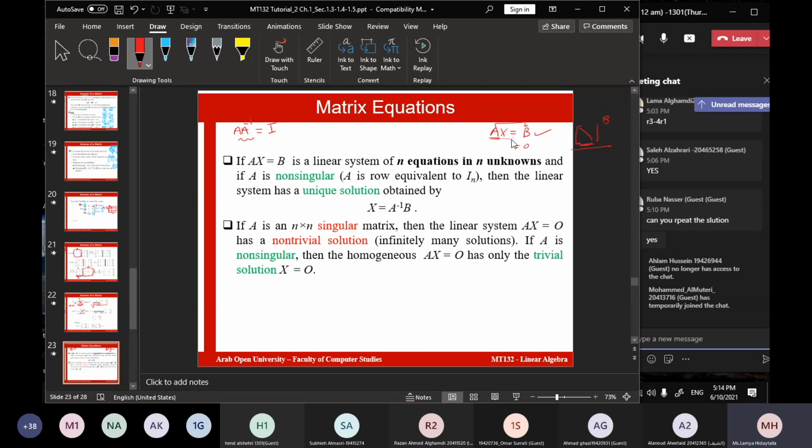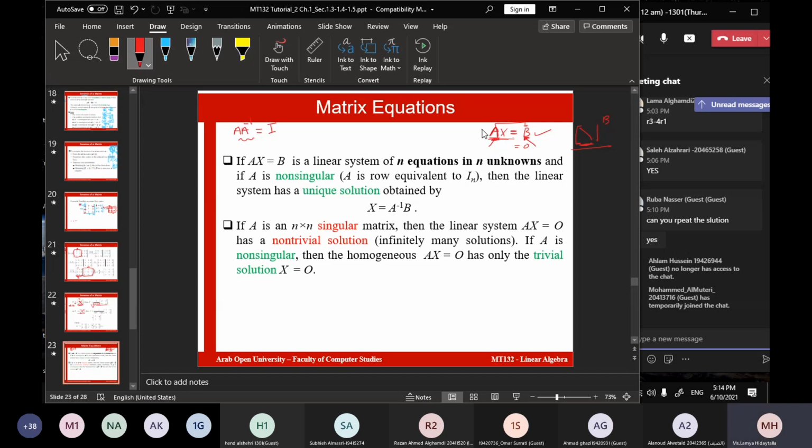If I multiply, we said that in an equality, what we do in the left hand side, we should do in the right hand side as well. Correct? So I will multiply this from which side? From the left, because the A is sitting here.